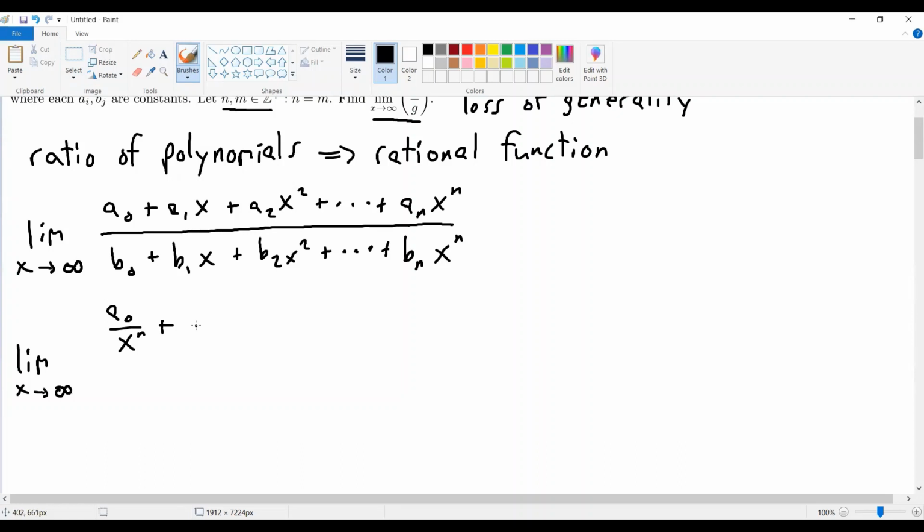We'll have a1 x to the 1 minus n, because we have a power, the 1, and then we're subtracting n from the exponent, because that's the same thing as dividing by x to the n. Plus, and then the pattern will continue, a2 x to the 2 minus n, and this will go on and on and on, until we get to a sub n times x to the n minus n.